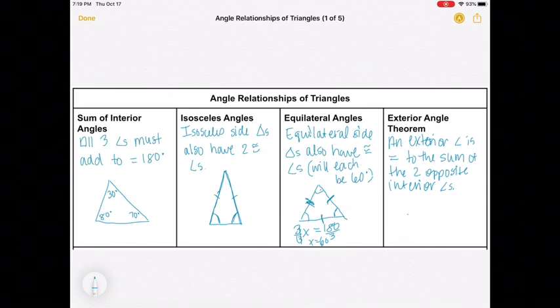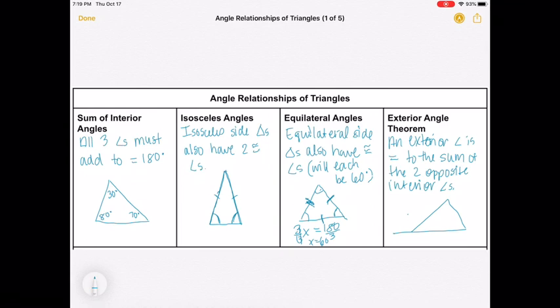So I'm going to draw an example here. So when I say exterior angle, it's going to have your triangle and this line that's extending out here. Okay, it doesn't have to be a line, it could be a segment. But if they give you in here, maybe they give you 70 degrees and 40 degrees.